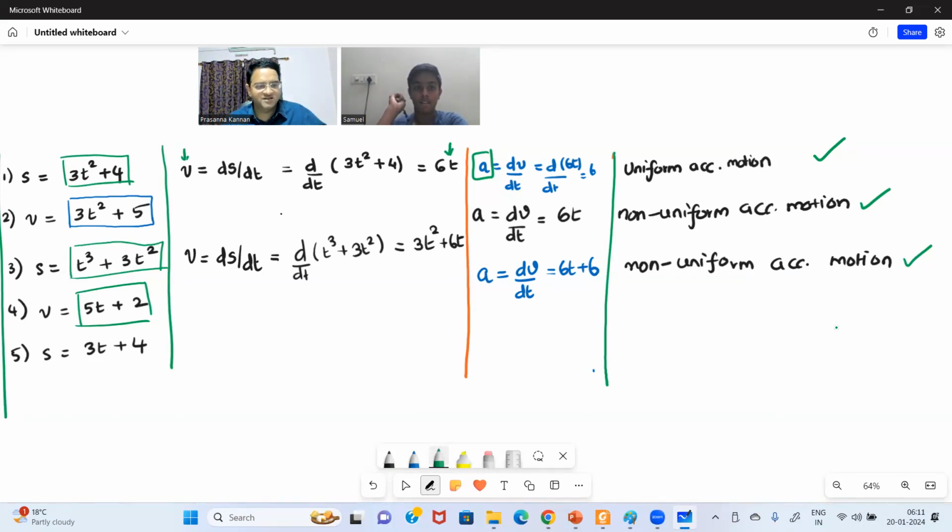So you can only say that acceleration is not zero. Good. Now you need to find whether it is uniform accelerated motion or non-uniform accelerated motion. How would you decide? Differentiate to get acceleration. You get 5. So that is uniform accelerated motion, because a is constant. Good.